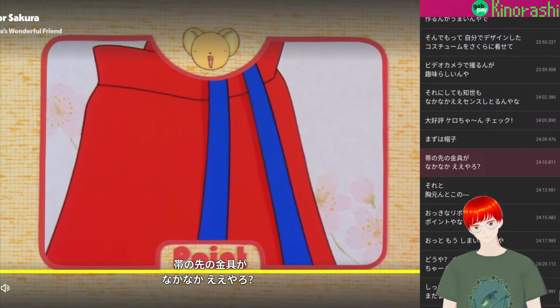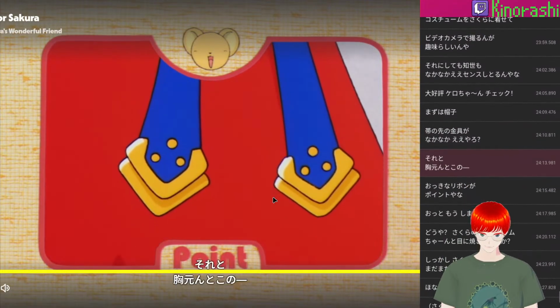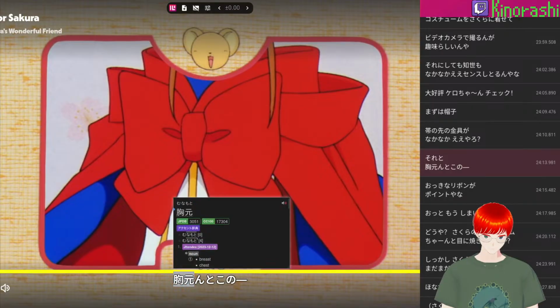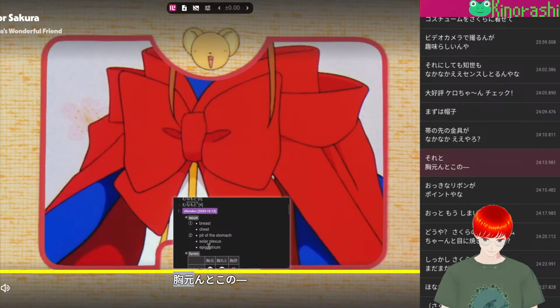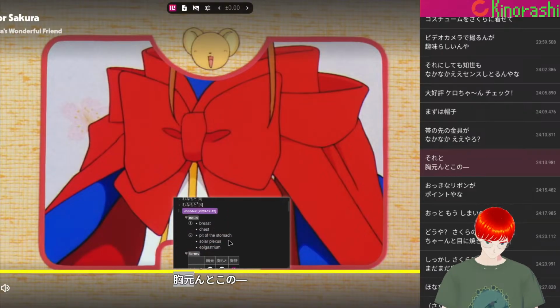"まずは帽子。帯の先の金具がなかなかええやろ。それと胸元んとこの。" それと Munamoto, breast, chest, pit of the stomach, solar plexus. That's a body part word. Munamoto, Munamoton toko no. Epigastrium. Let's see what these words correspond to.